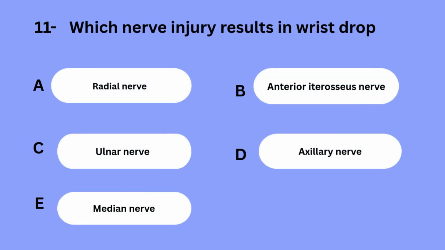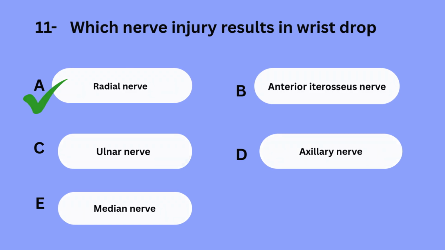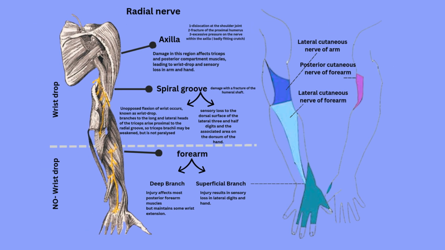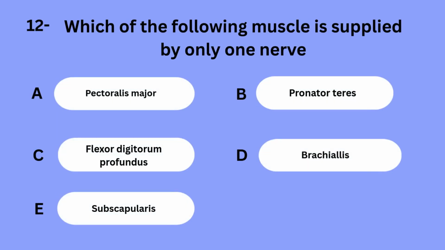Which nerve injury results in wrist drop? Which of the following muscle is supplied by only one nerve?